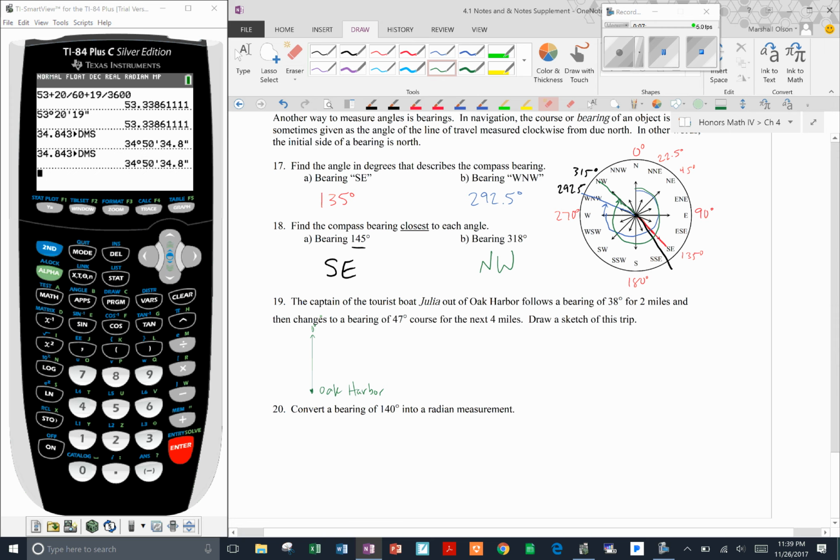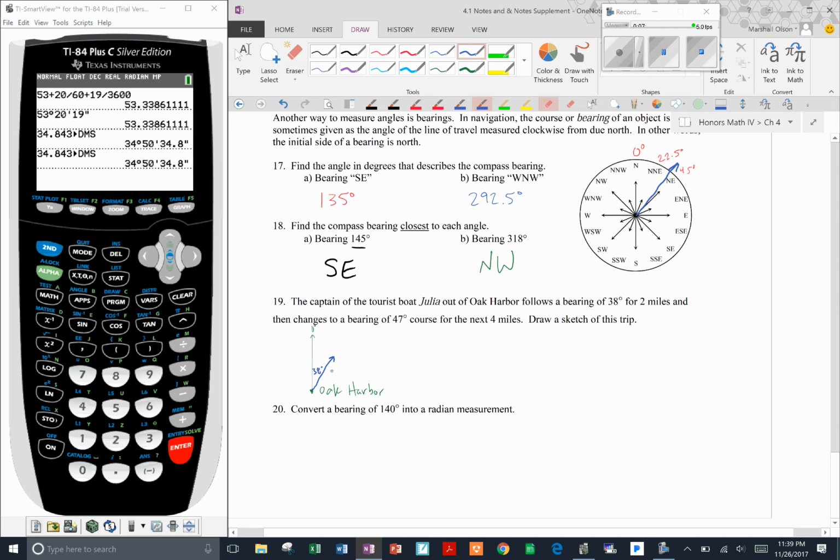If we follow a bearing of 38 degrees for 2 miles, 38 degrees would mean you're almost at northeast. So 38 degrees would be approximately northeast.